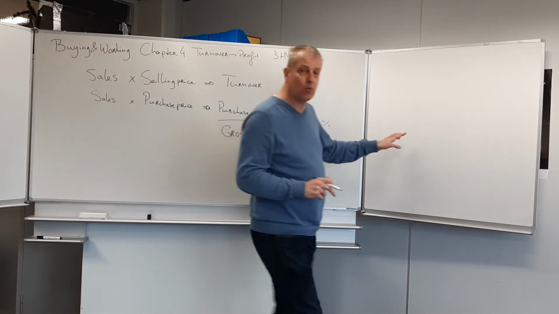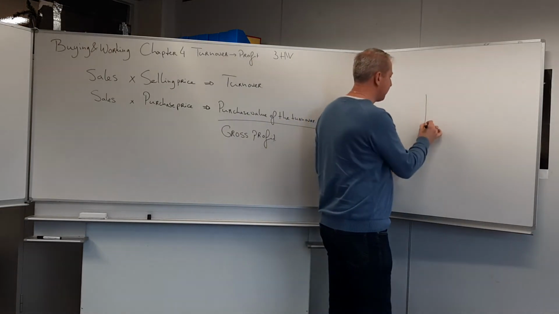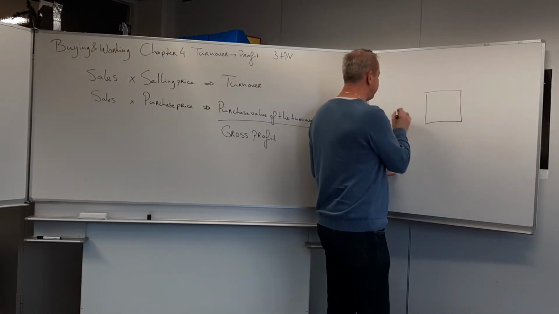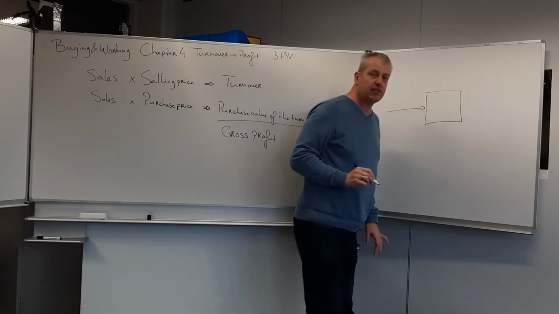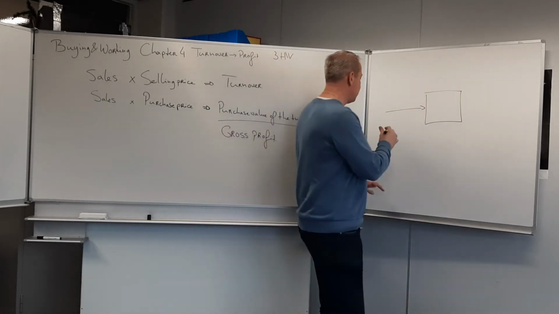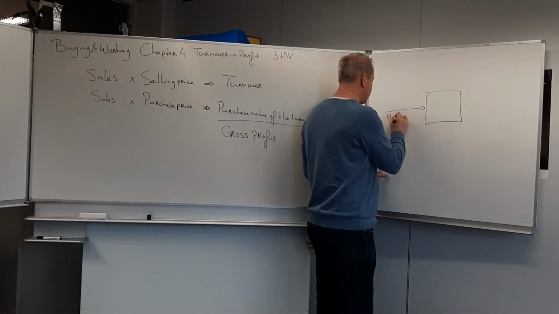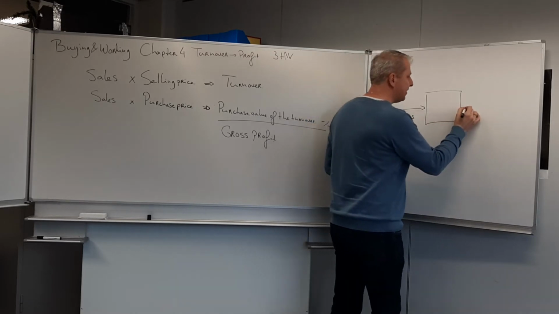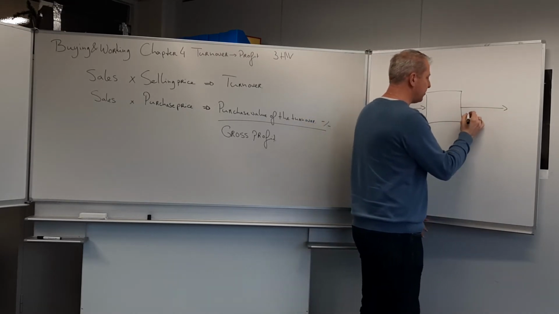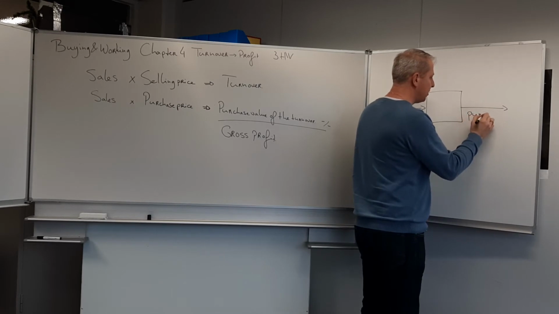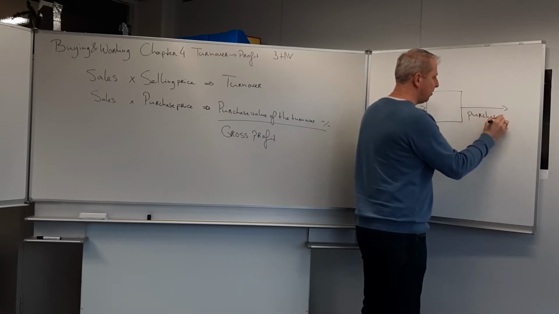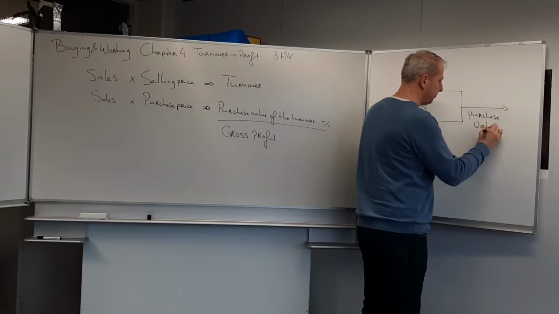So suppose this square is your company. All the things that are coming in are your purchases, and the things going out is the purchase value.